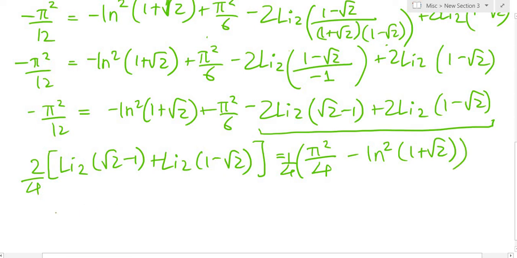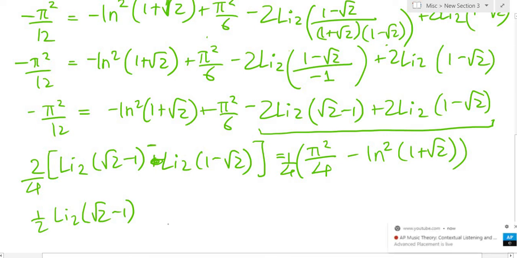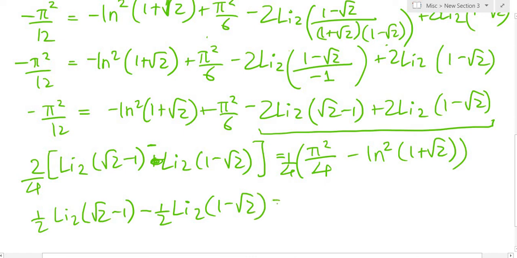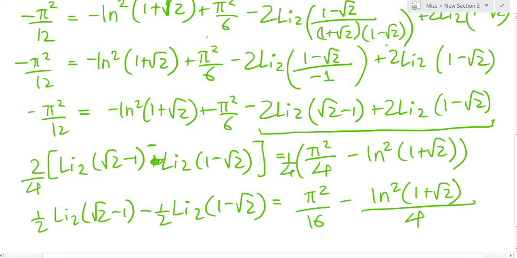So on simplification, we obtain half of the dilogarithm of square root of 2 minus 1. I'm so sorry, this is a negative here. My bad. Minus half of the dilogarithm of 1 minus square root of 2 is equal to, where 4 times 4 is 16, so pi squared by 16 minus natural log squared of 1 plus square root of 2 all divided by 4.